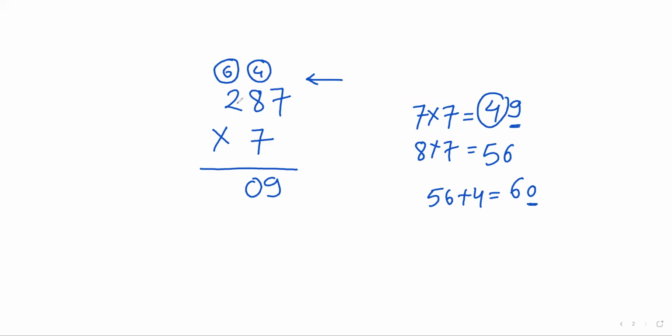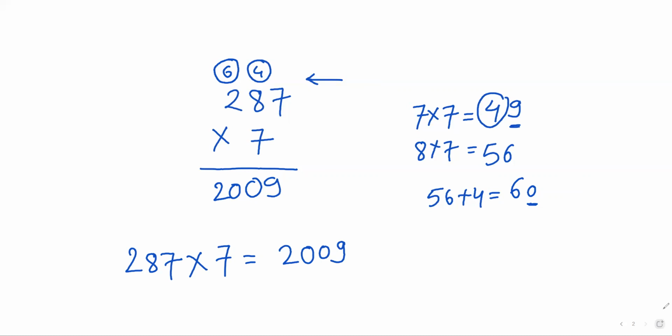Now multiply 2 by 7. 2 sevens are 14, or you can take 7 into 2, that is 14. Now add this 6 to 14. 14 plus 6 is 20. So when you multiply 287 by 7, you will get 2009. Have you understood?